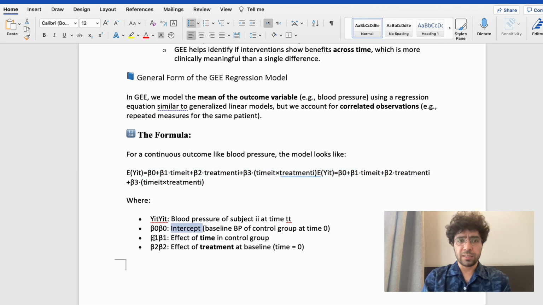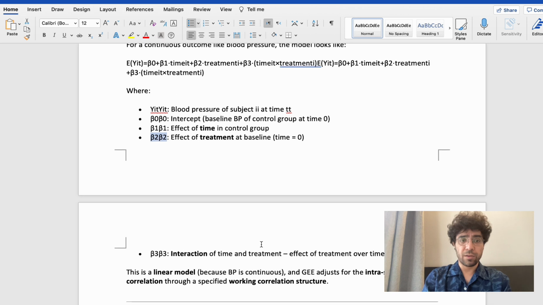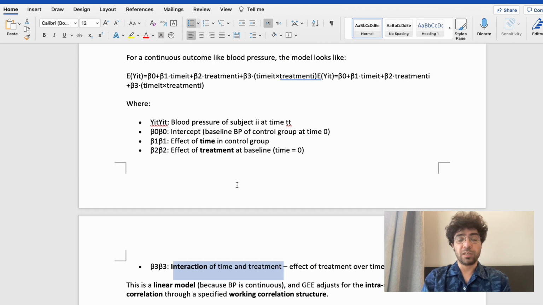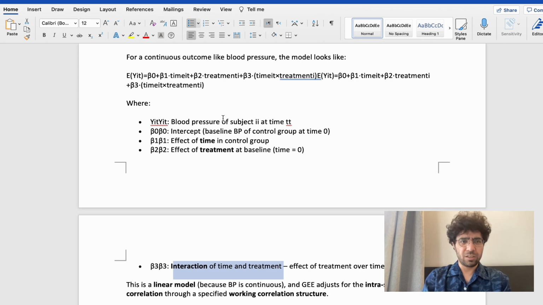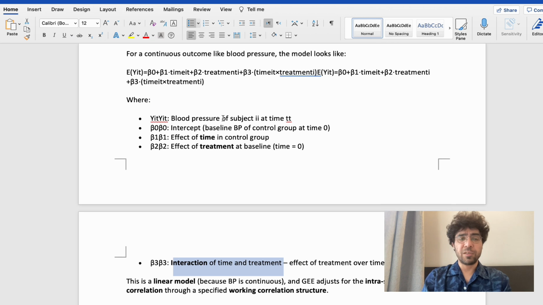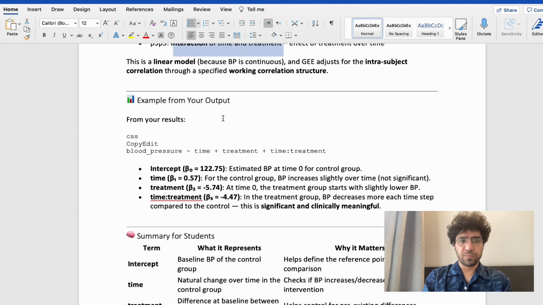Beta 0 is the intercept, beta 1 is the effect of time, beta 2 is the effect of treatment, and beta 3 is the interaction of time and treatment. This is what we interpreted before. You can see that this is the general formula for linear regression, you remember, right? The same concept can be done for logistic regression.